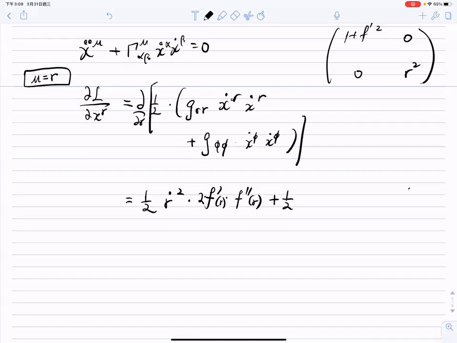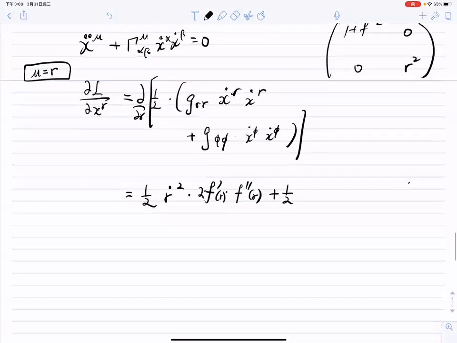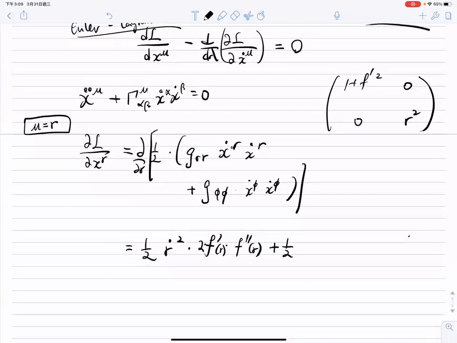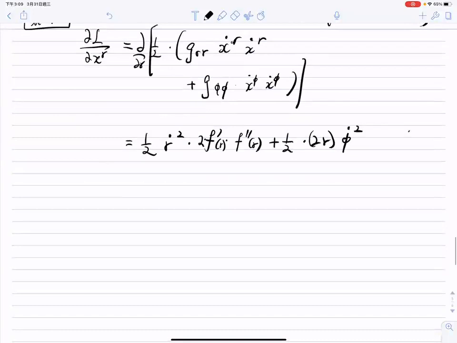If you want one more example, you can go to exercise class 6. For the second term, g phi phi is also dependent on r squared. It would be 2r times phi dot squared.